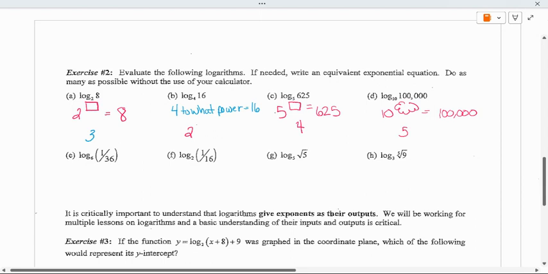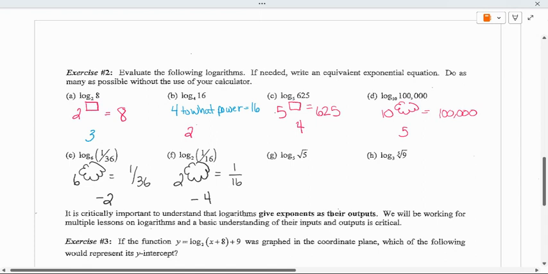How do we feel about that? Good? Okay. Are you using the calculator form? Easy, right? Okay. 6 to what power is 1 over 36? -2. Very good. 2 to what power is 1/16? -4.